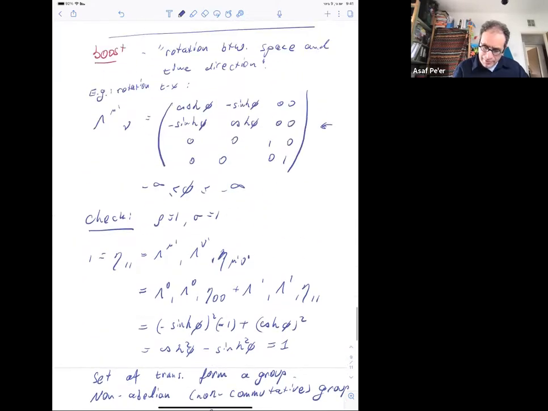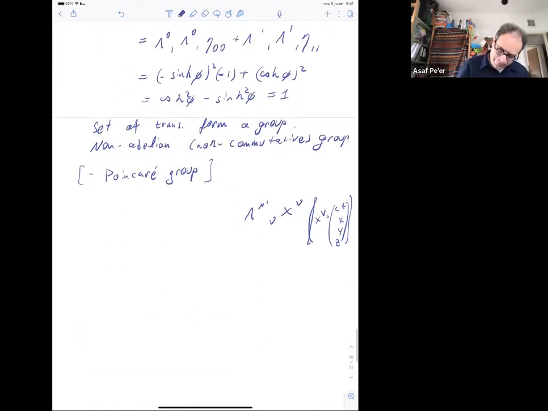I take this transformation, and this gives me ct prime, just ct cosine hyperbolicus of phi minus x sine hyperbolicus of phi. I take the matrix, multiply it by a vector, I get another vector.